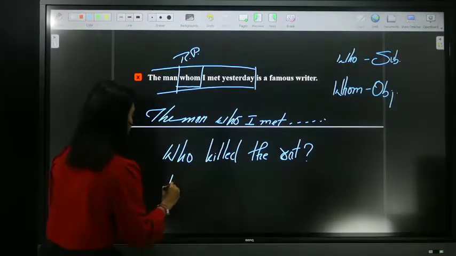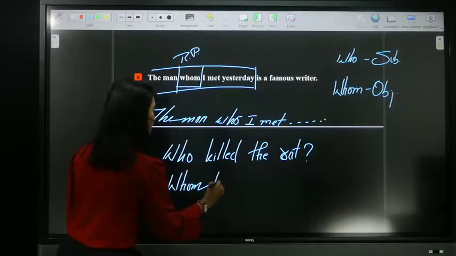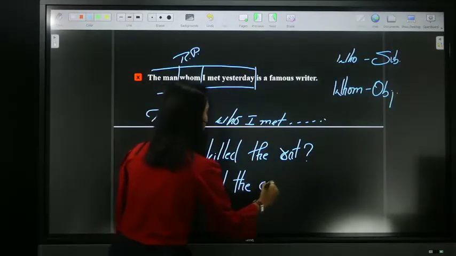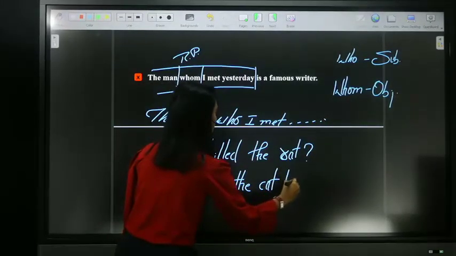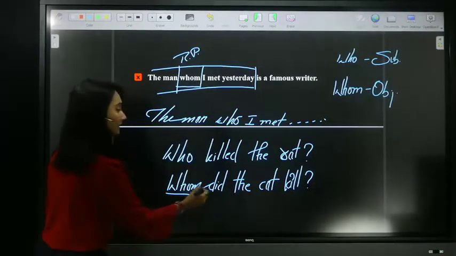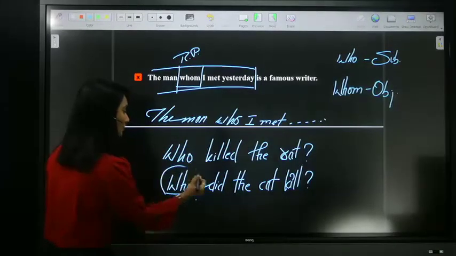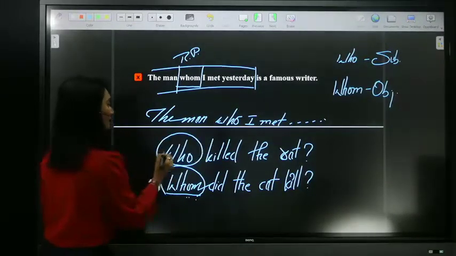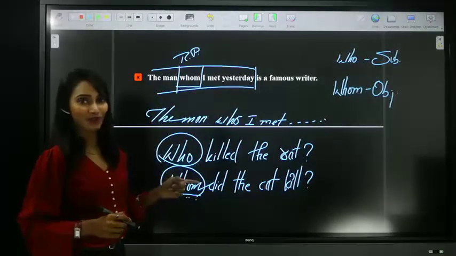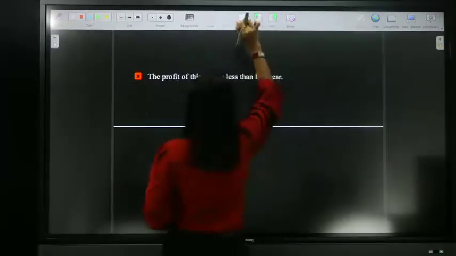Subjective case. Whom did the cat kill? See here, whom did the cat kill? The cat killed the rat. So here, whom is in objective case. Who is subjective case. We require subjective case here, not objective case. So I hope it is clear to you. Right, Kartikeyan? Now let's see the next one.